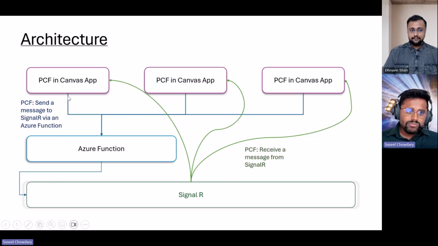As soon as someone sends a message, since they are all constantly listening in intervals of nanoseconds to seconds, everybody will get the message as quickly as possible. That's the architecture.